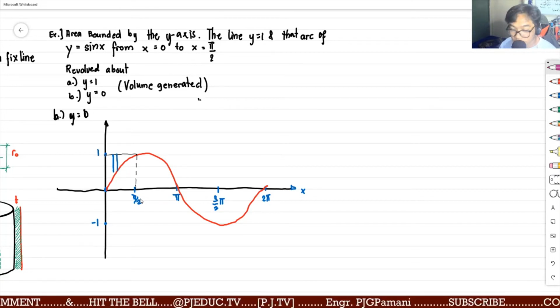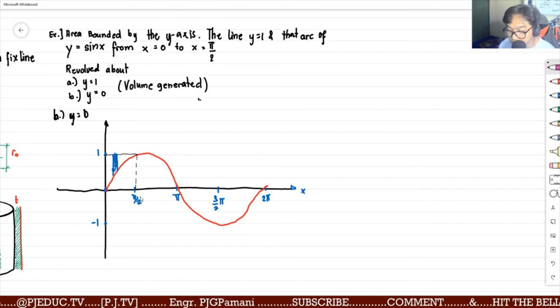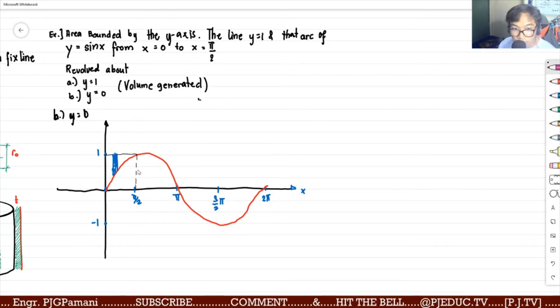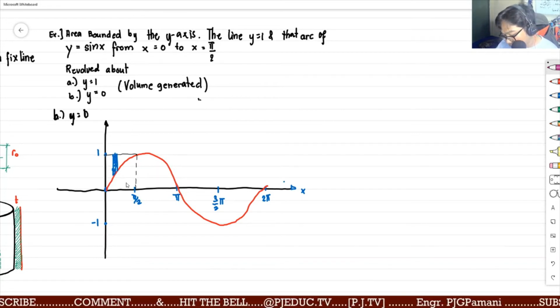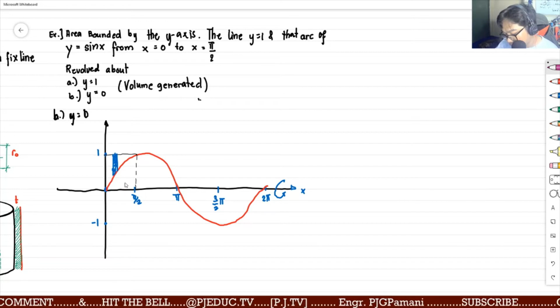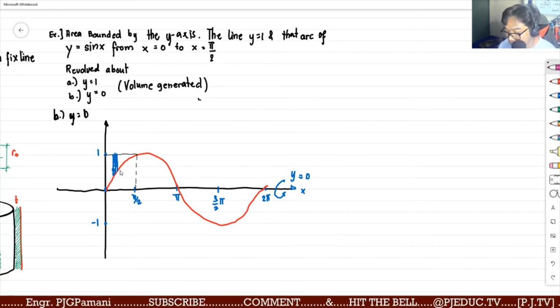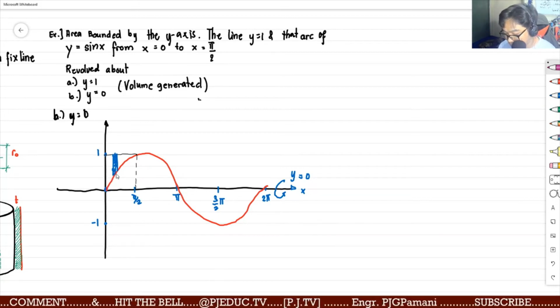Okay? Gawa ulit tayo ng strip, vertical strip. Then, ang tinatanong, if we then going to revolve that here, y equal to 0. So, magiging dalawa yung ating radius. Radius from 0 to 1 and radius from this point.